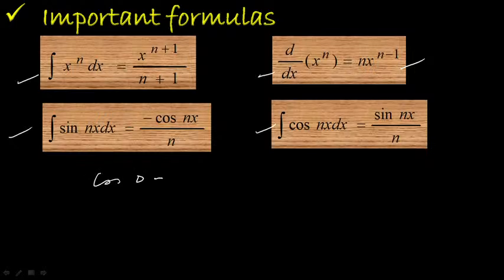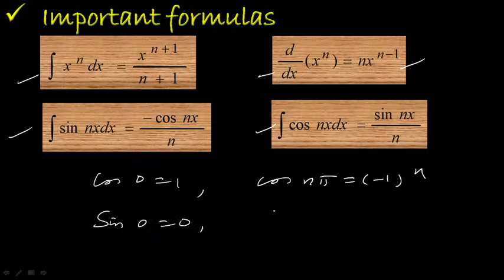The value of cos 0 is 1 and cos n pi is minus 1 to the power n, whereas sin 0 is 0 and sin n pi is 0. Here n is an integer, so sin n pi we directly take as 0.